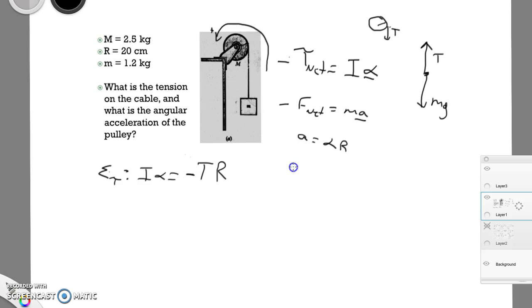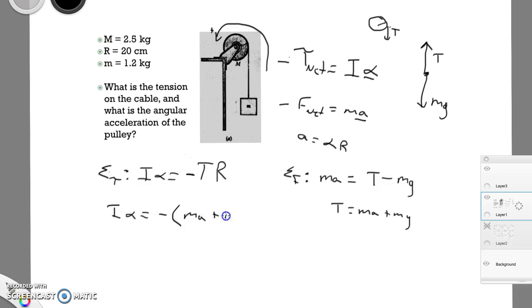Now let's go to our Newton's second law equation. So the sum of the forces will be equal to m times a. We have the upward force T and the downward force mg. We have T here and here, so we can take tension and put it into this equation. So T is equal to ma plus mg, and so we have I alpha equals negative (ma plus mg) times r.